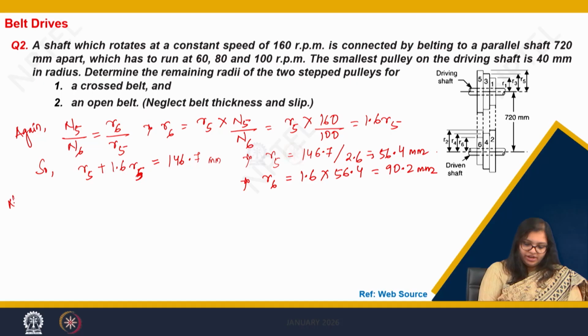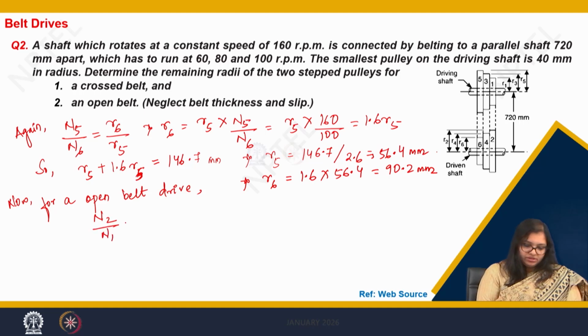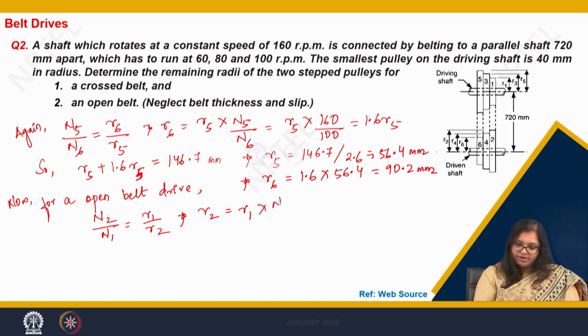Now for an open belt drive, we have N2 by N1 is equal to R1 by R2. So this gives me R2 is equal to R1 multiplied by N1 by N2, which is equal to 40 multiplied by 160 by 60, which is equal to 106.7 mm.